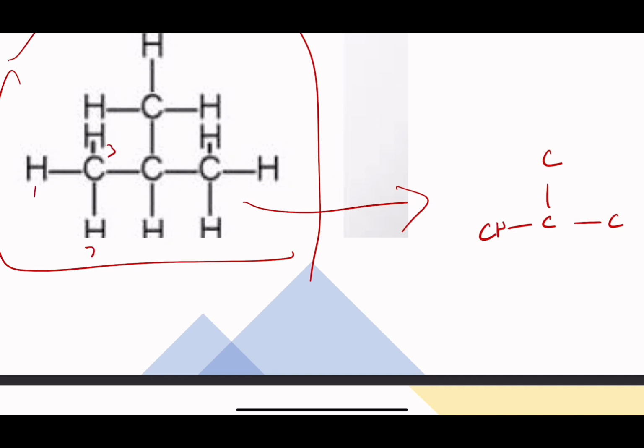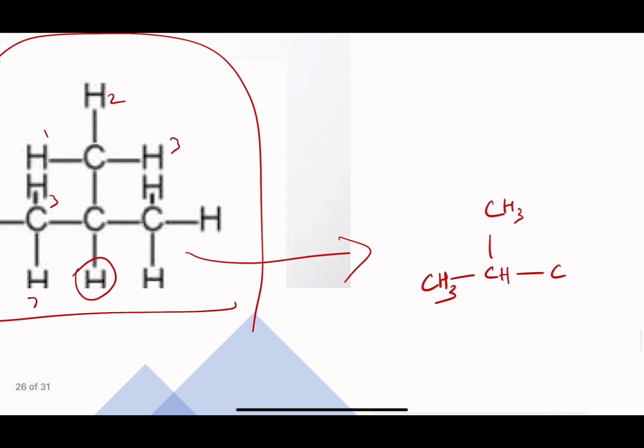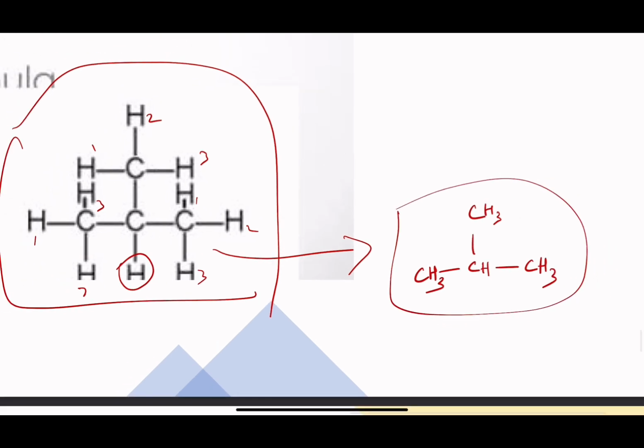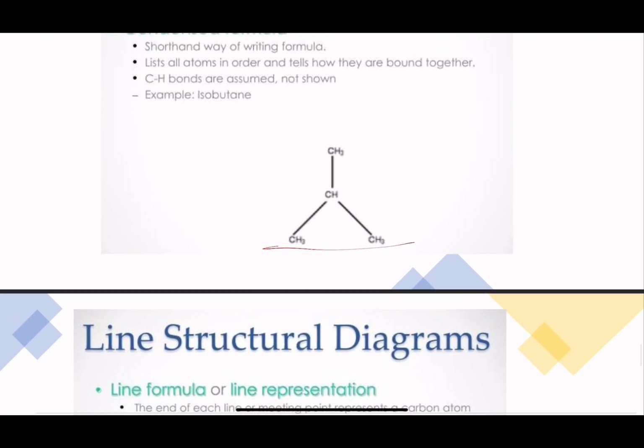So I put CH3, and then I have 1 on this carbon, so I'll put CH. And then I have 1, 2, 3 hydrogens on this guy, so it'll be CH3. And then I have 1, 2, 3 hydrogens on this, so it'll be CH3. Now this is my condensed form. Okay, so the condensed formula is super easy.